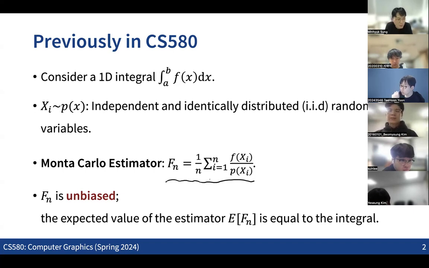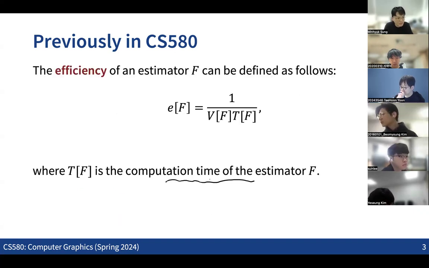We could also consider the efficiency of this kind of estimator. We need to care about both the variance of the estimator and its computation time. Based on that, we can define the efficiency of the estimator. Those are the things in terms of defining an estimator.